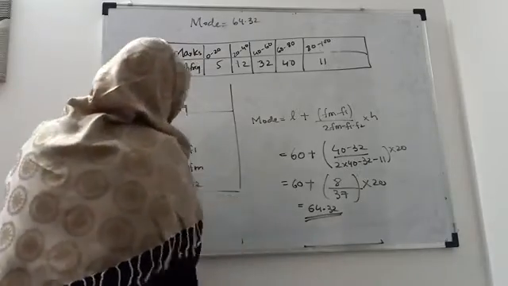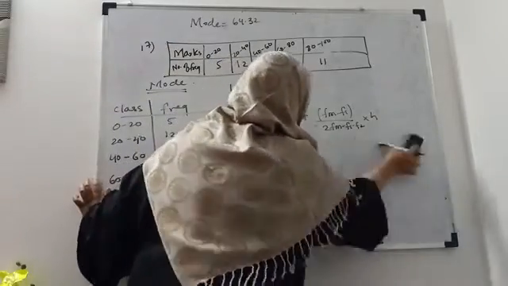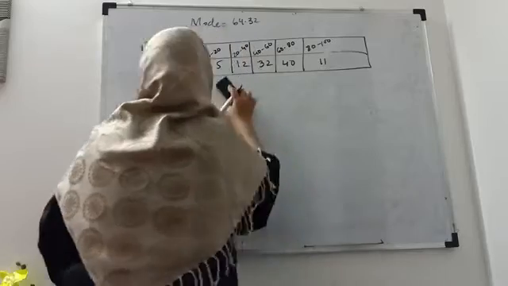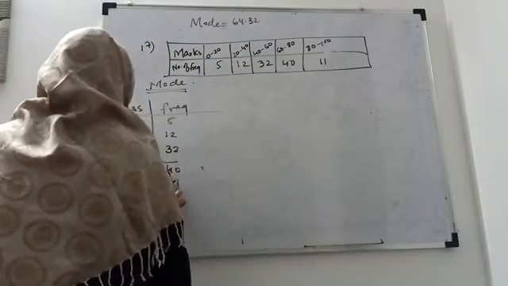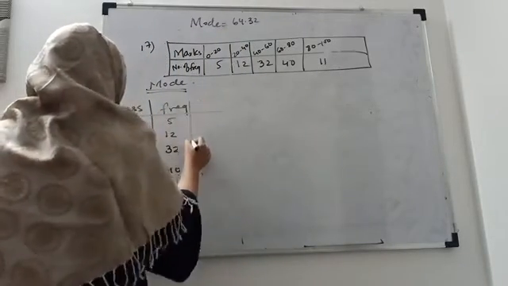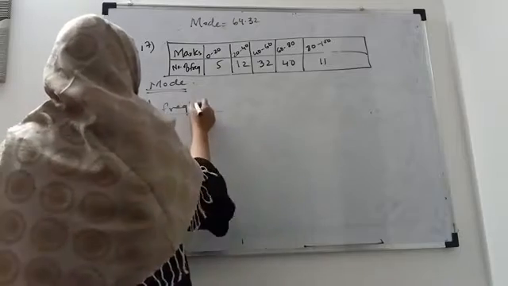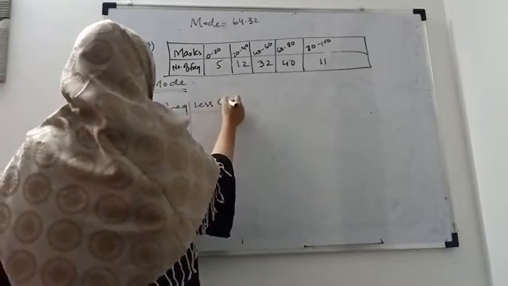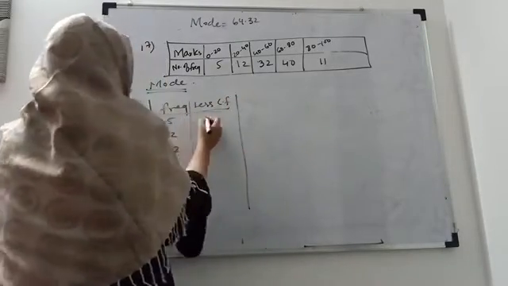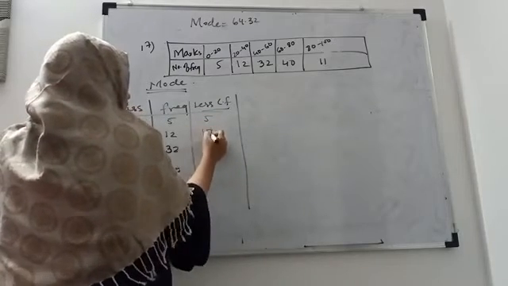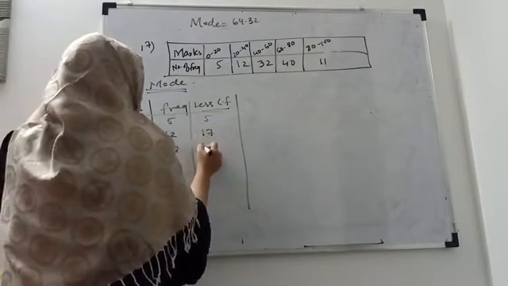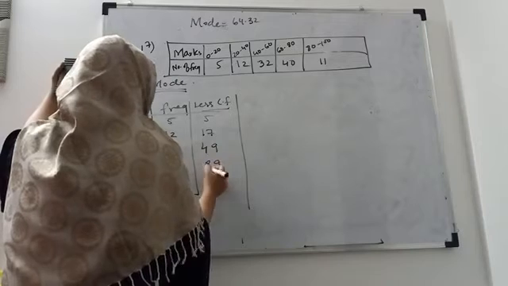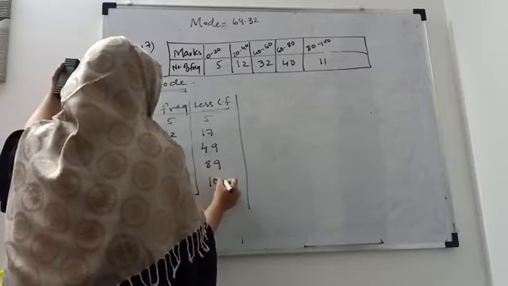So for the median, we require less than cumulative frequency, right? Less than cumulative frequency: 5 plus 12, 17, then 49, then 89 and 100.